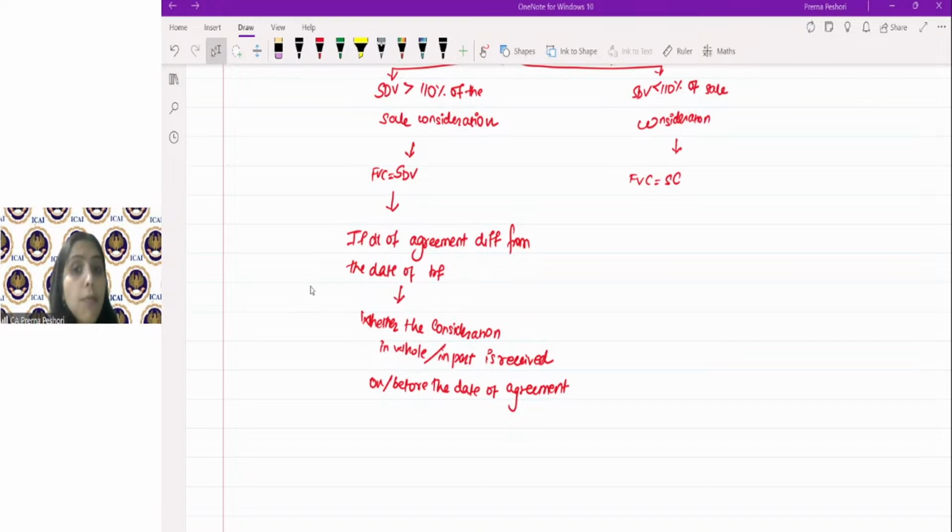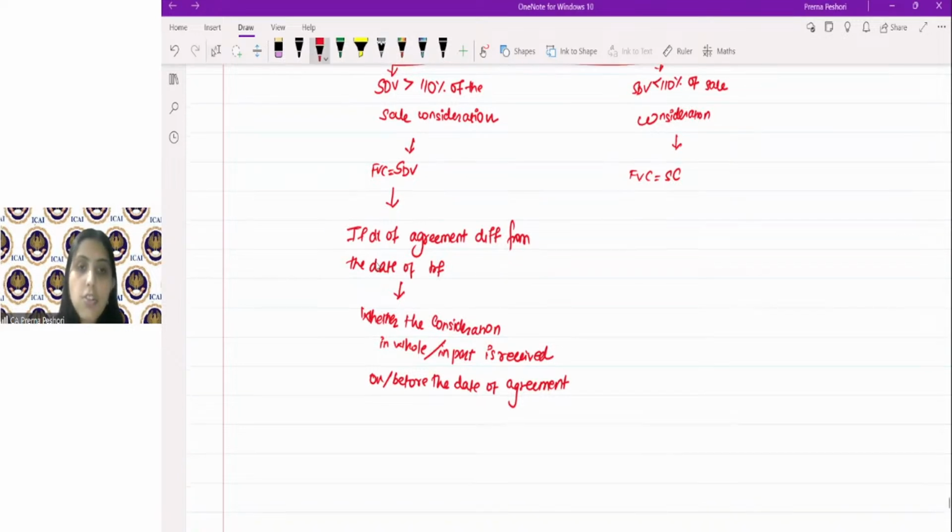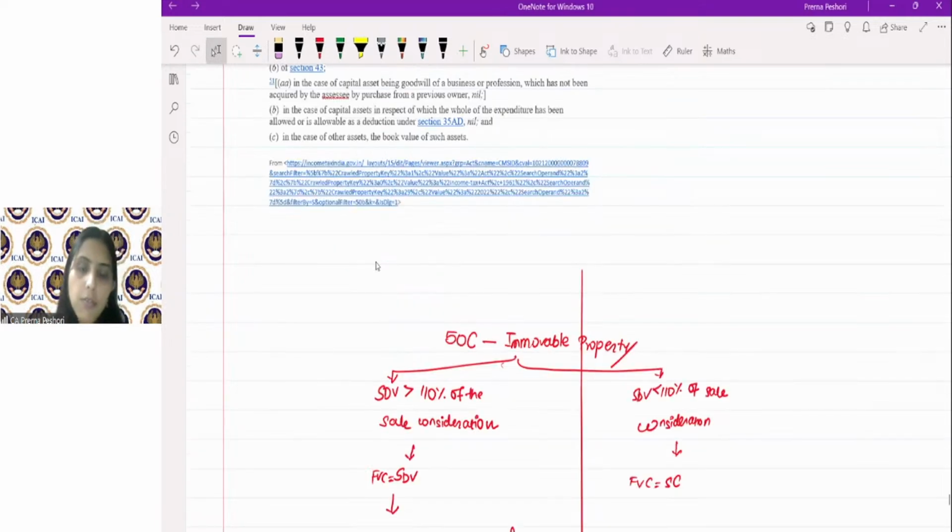The question you have to ask is whether the consideration is received by way of cheque or account payee cheque, bank draft, ECS or any electronic transfer on or before the date of the agreement.